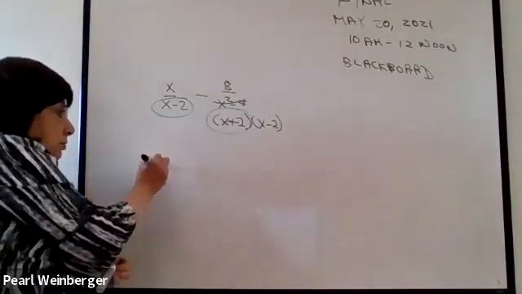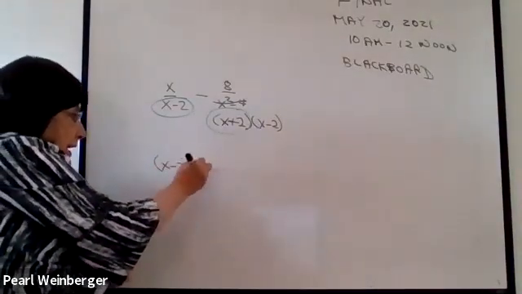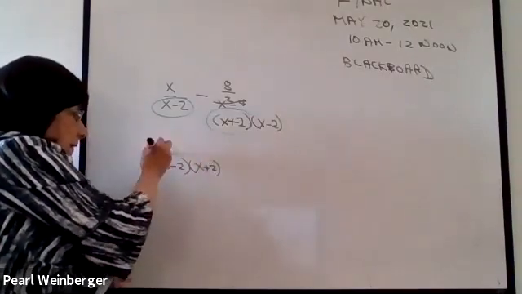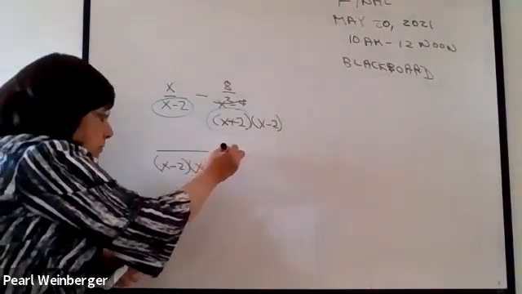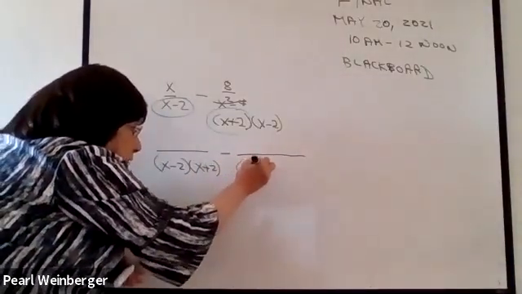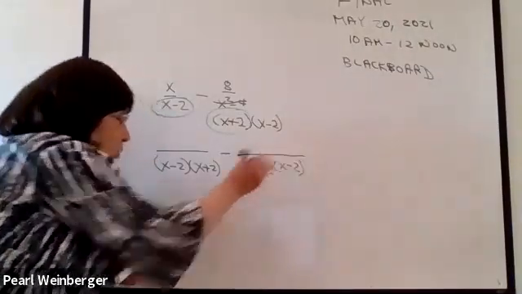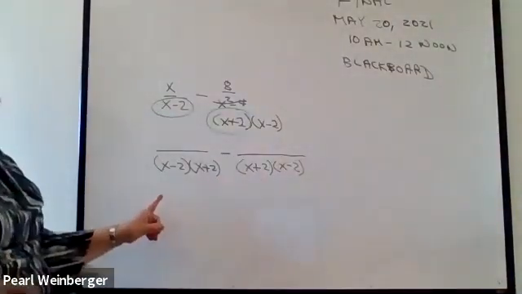The things I circled, the x minus 2 and the x plus 2, become my common denominator. And I'm going to rewrite each of the fractions with that denominator.